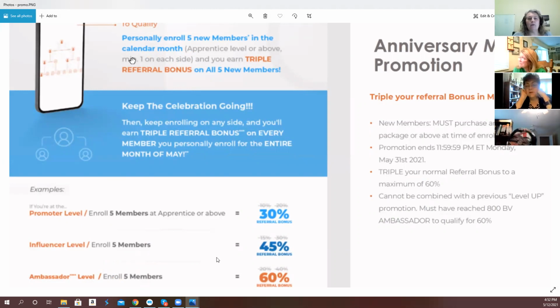So whatever rank you are right now, that's the kind of bonus you can get by getting at least 5 people. You get more than 5 people, your check is really gonna look nice from Velovita. But what's even better is they've got, all right, reduce this back down.